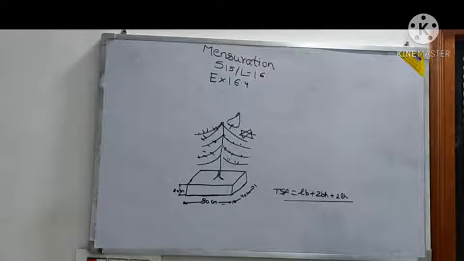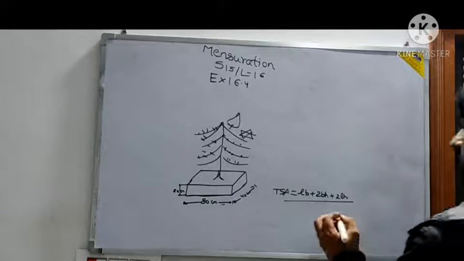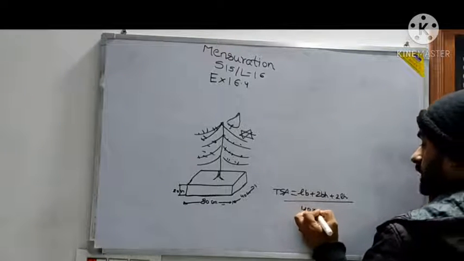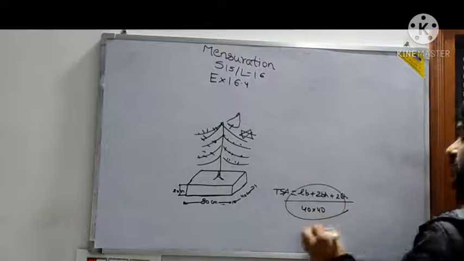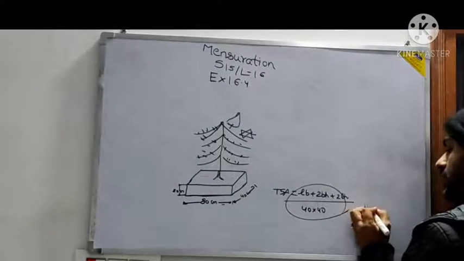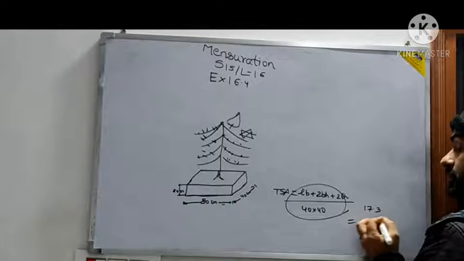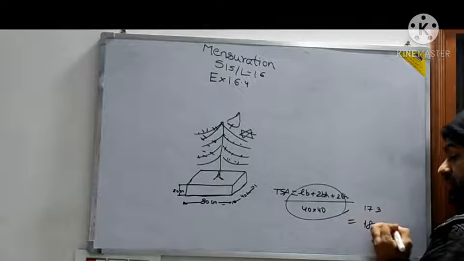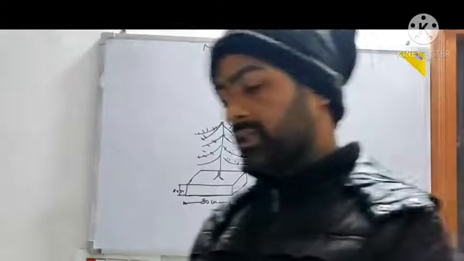The square sheet is of 40 centimeter side, so 40 centimeter side means 40 into 40 you do. That means area of one sheet. Now this may not come as a whole number. Suppose it is coming 17.3, then 17.3 sheets will not do, it will take 18 sheets. This way you have to solve this one.